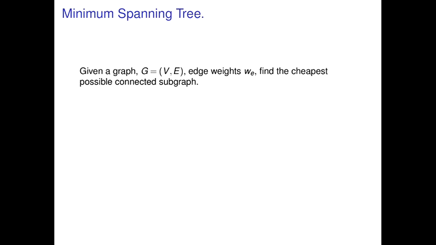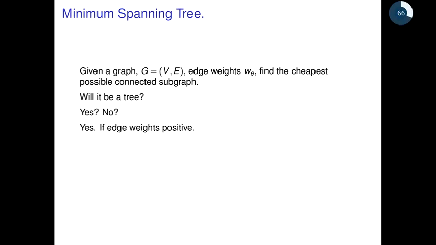Now, if you want to find the cheapest possible connected subgraph, is that going to be a tree? Well, it depends a little bit. What if I have the weights be negative? Yeah, nasty. If edge weights are positive, it will be a spanning tree, because why add more edges?